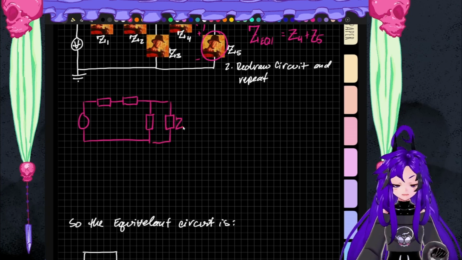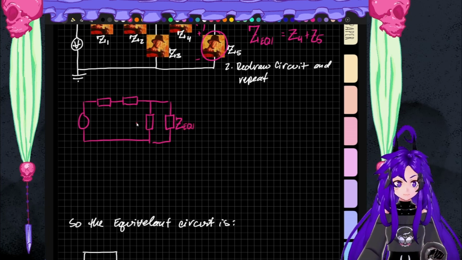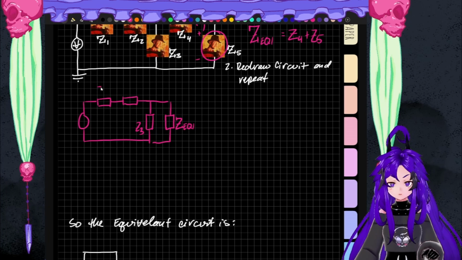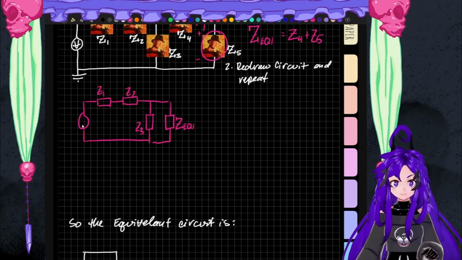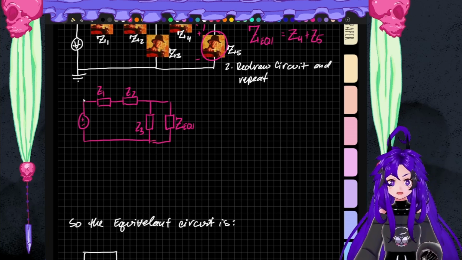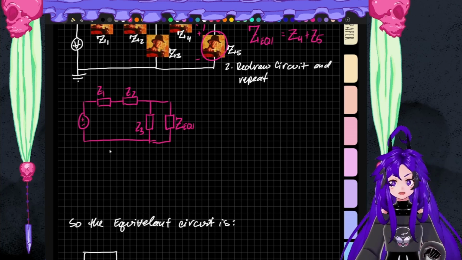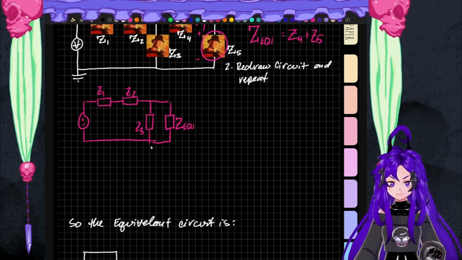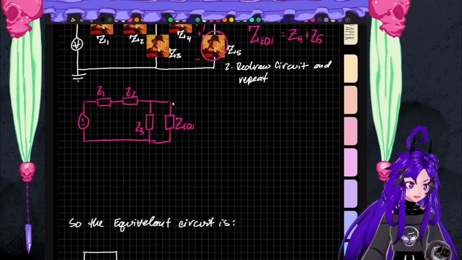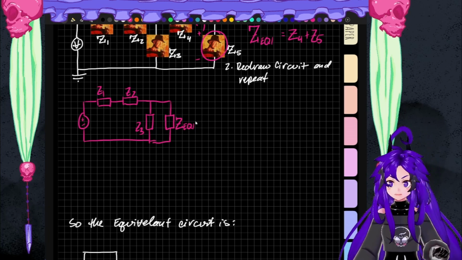This one becomes ZEQ1. This one's still Z3. This one's still Z1. This one's still Z2, right? And this is still some voltage source. You'll notice that the voltage source doesn't really matter while we're doing equivalent resistance, because the resistance is a material property, right? It's not dependent on the voltage attached to it.